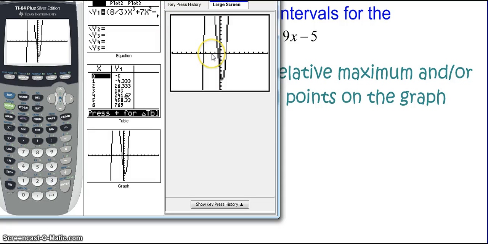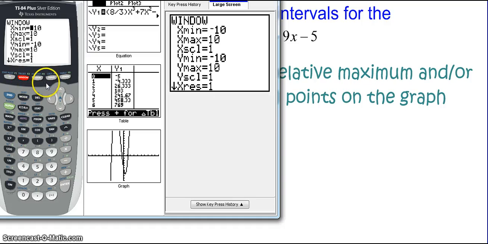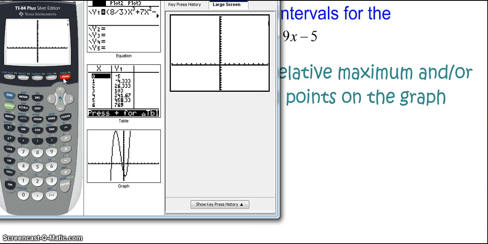If yours doesn't, then you might have typed something in wrong, so double check your function. Okay, so I'm going to change my window a little bit so that I can see the maximum that I'm missing. So if I go down here, let's make this say 20. And now let's regraph. Okay, so I can see the maximum and I can see the minimum.